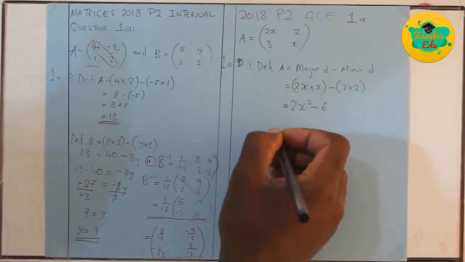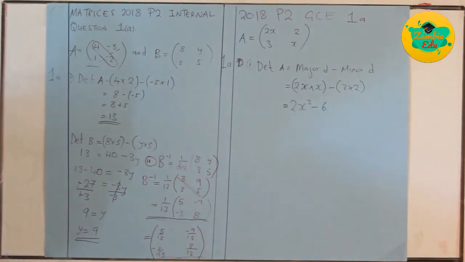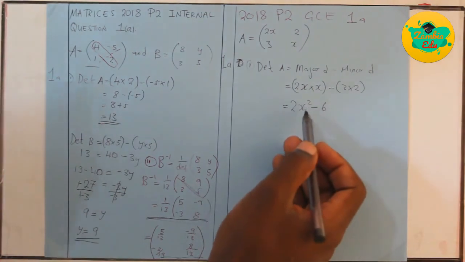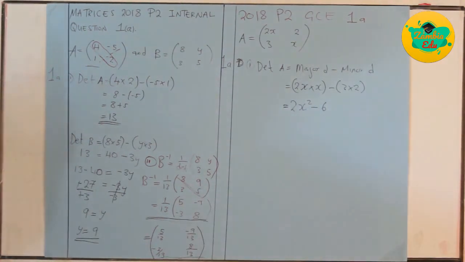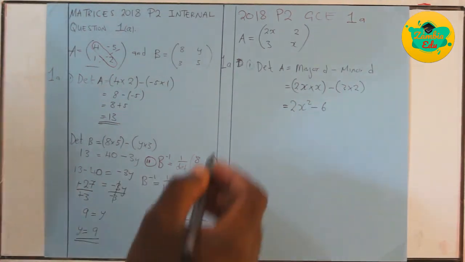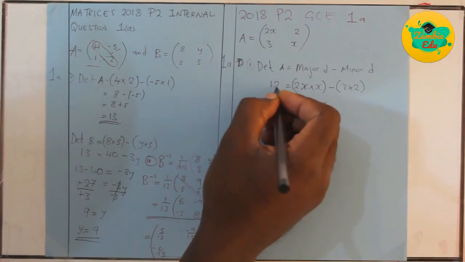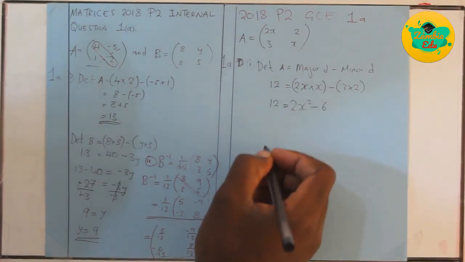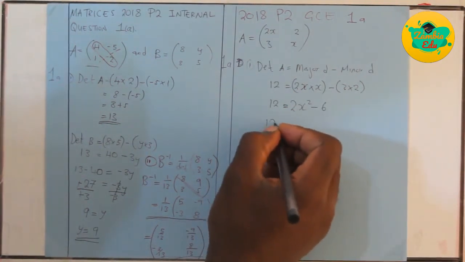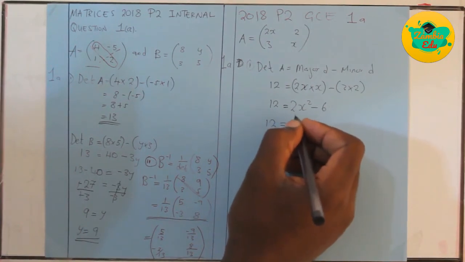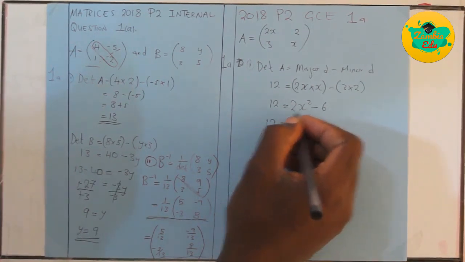But we should remember that in the question we have been given that the determinant is 12. So what we do, we have our 12 being equal to 2x squared minus 6.